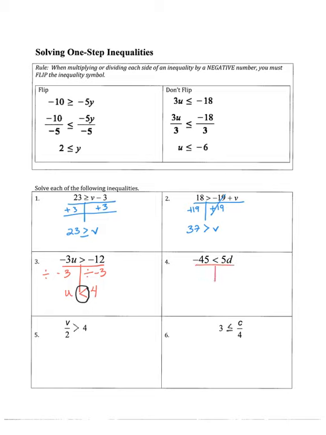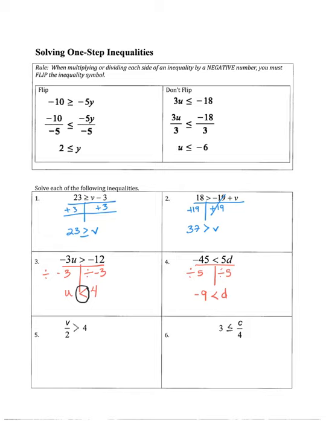Another t. What do I need to do to get the d by itself? Right, I have to divide by 5. Divide by 5 both sides. So I have -9 is less than d. Do you notice that sign did not flip, even though there's a negative number around there?